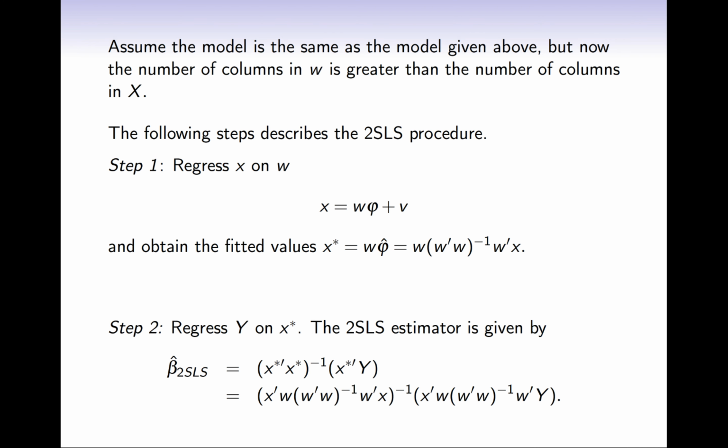Okay, and you can think of this procedure as optimally combining the W in a way to best predict the X. Okay, so basically W is exogenous, so we're trying to get the exogenous part of X. And the endogenous part of X is going to be captured by V. Okay, so then we take the exogenous part of X, which is this X star, the fitted values from this regression, and then we just substitute them for the original X. That's the two-stage least squares estimator, which you can also write, and it's probably even easier to just program this directly.